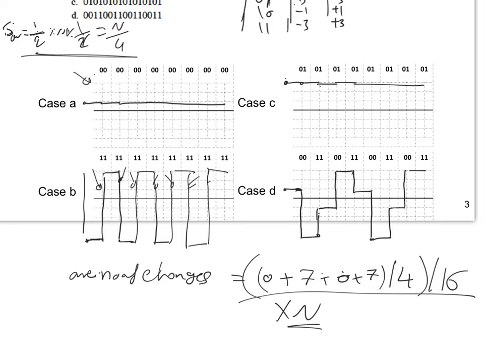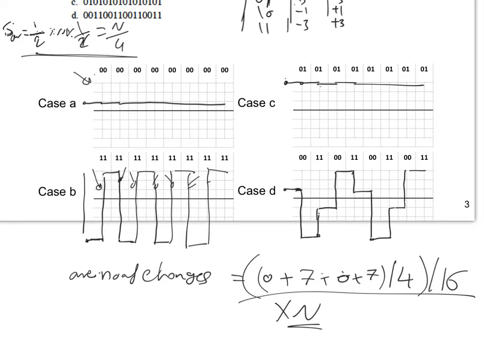But here it says calculate the baud rate based on the number of changes in these segments. That's it. If you don't divide by 16, then the number of changes you are calculating is the number of changes per 16 bits. For each 16 bits, for these 4 signals, that's the number of changes that you have.